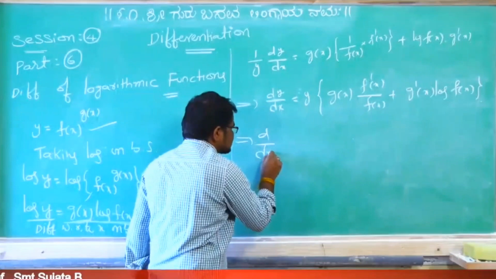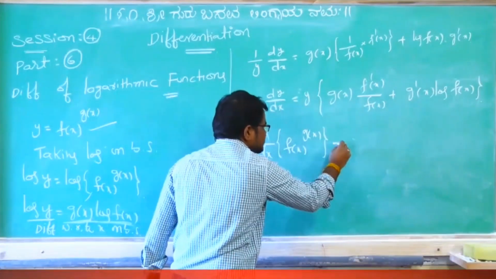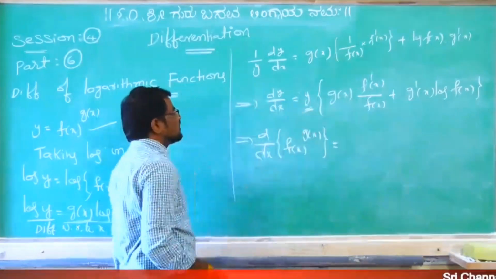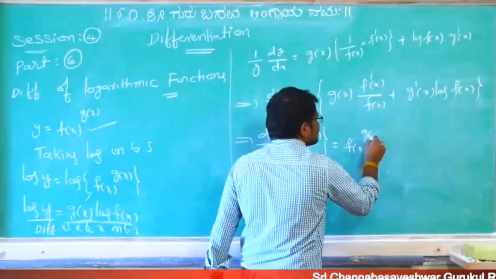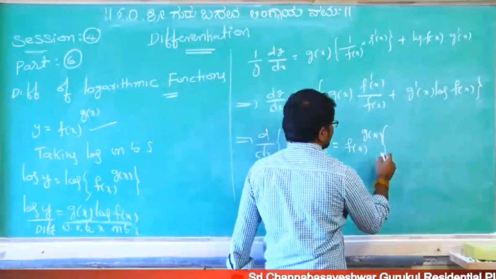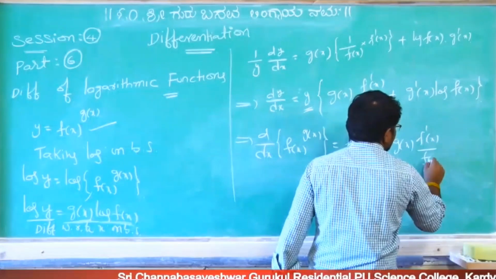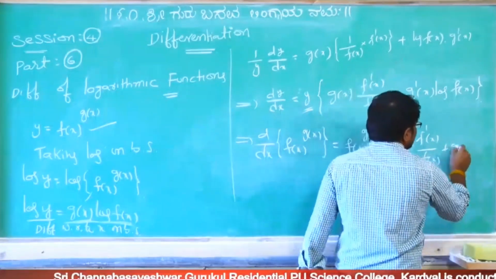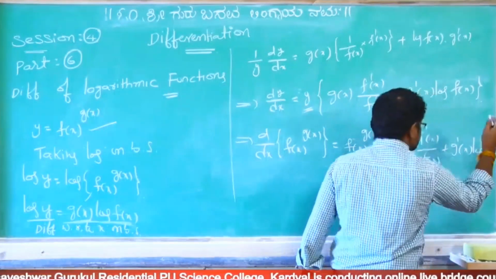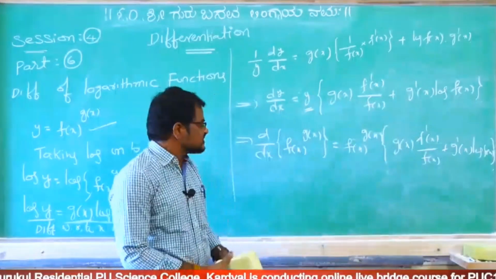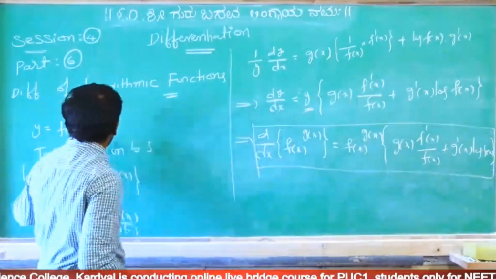Means d by dx of f of x whole power g of x, differentiation always, here again y means f of x whole power g of x into g of x f dash of x by f of x plus g dash of x into log of f of x. So this is the differentiation of f of x whole power g of x.